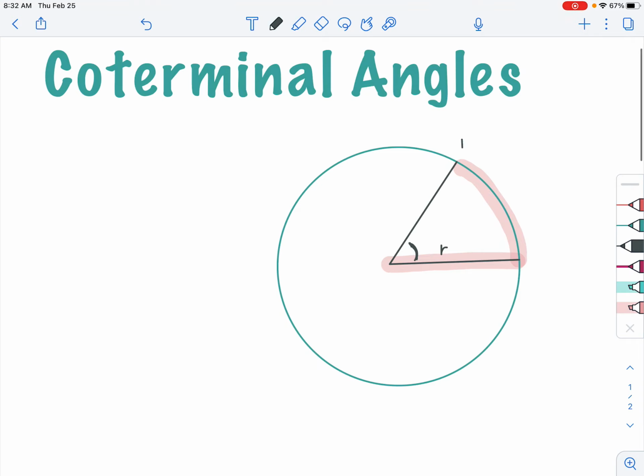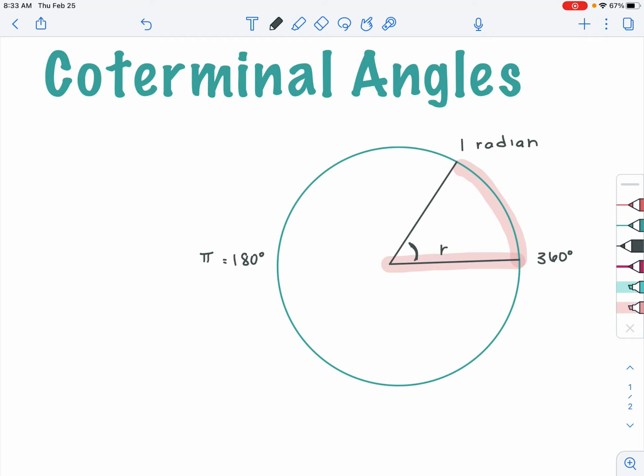So this would be 1 radian. We also knew that a circle had 360 degrees, so halfway around the circle we had 180 degrees, and we discovered that 180 degrees was the same thing as pi radians.